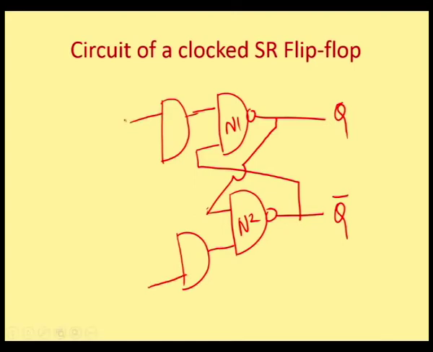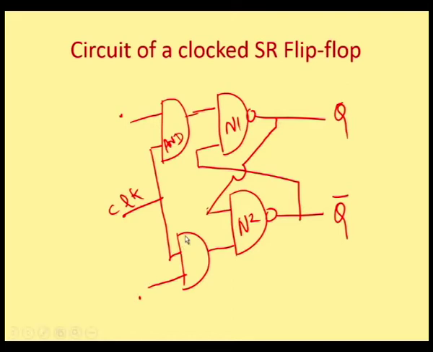Now these two become my inputs. Where am I going to give the clock? Yes, it's here. Give the clock here. Now do you understand why we have added these two AND gates? It is used in order to send the input through the AND gate as well as combine the clock here.